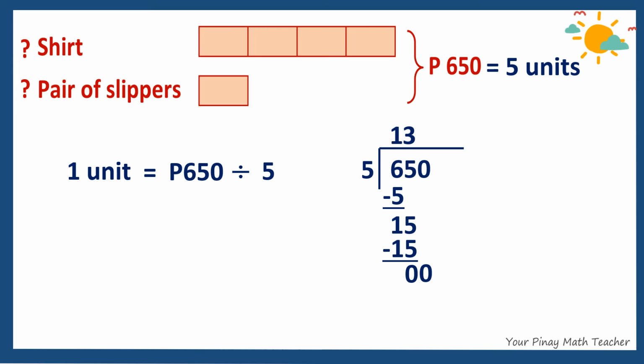Bring down 0. Do not leave your answer on top vacant. So divide 0 by 5, you have to put 0. So the answer is 130 pesos for 1 unit. So we place 130 pesos for 1 block.